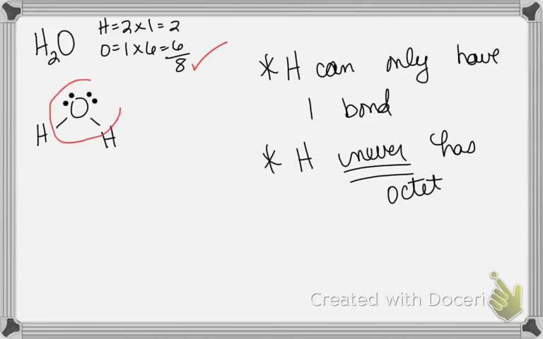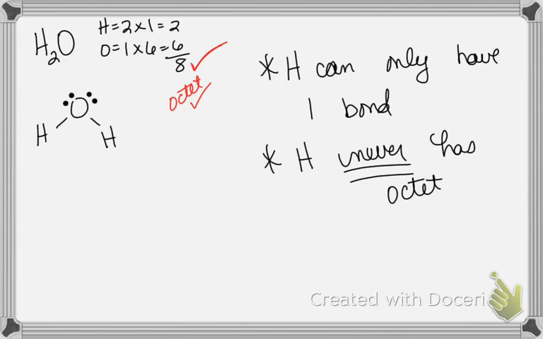But does the oxygen have an octet? Yes, it does. 2, 4, 6, 8. So those are the 2 checks: did we use the correct number of electrons, and check the octets. And so that's the Lewis structure for water.